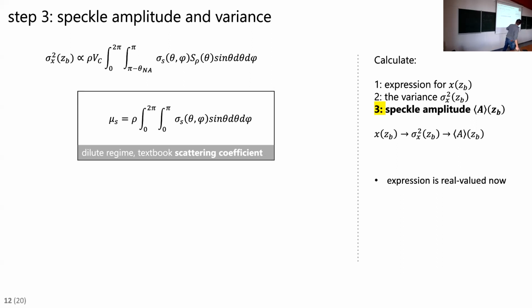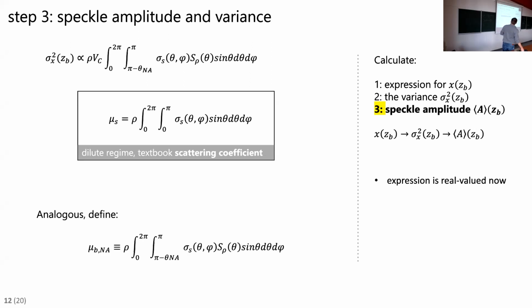The difference, if we compare these two expressions, is that we have the integration limit here restricted to the numerical aperture, which is a limit on the angles, and of course the inclusion of the structure factor. So what we get here is very similar: the variance is very similar to a scattering coefficient, to an optical property.